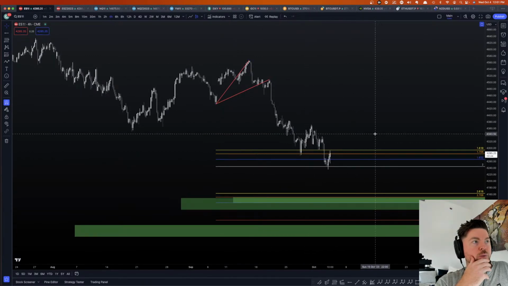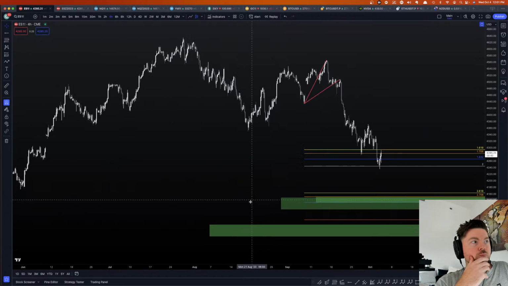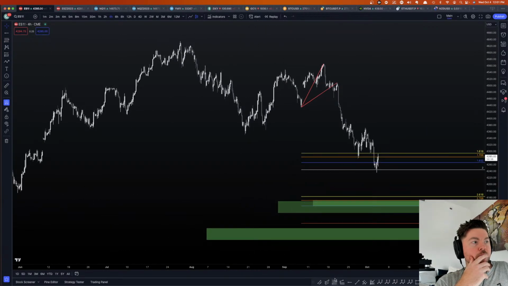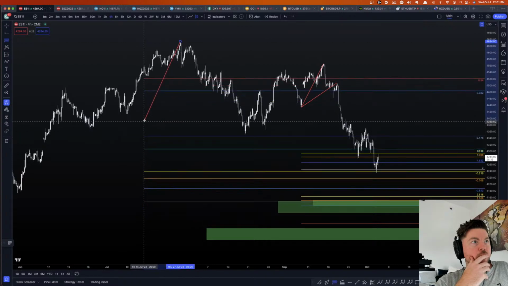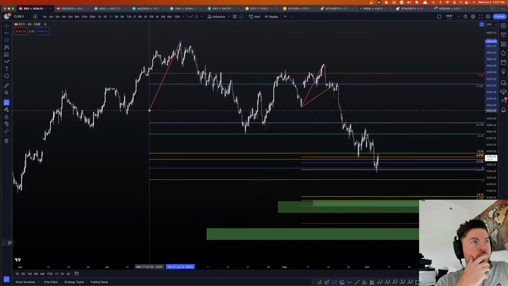So this pull being respected here gives a zone here, and that doesn't help us here.